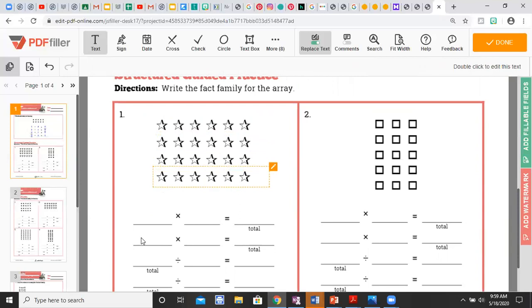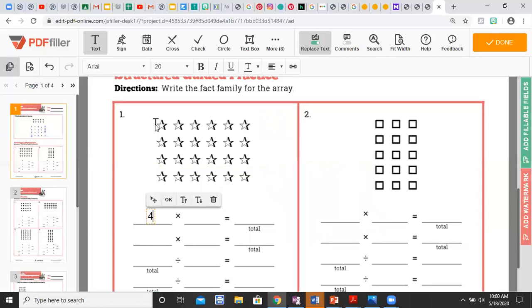So I can say that 4 rows times, let's count our columns, 1, 2, 3, 4, 5, 6, times 6 columns will give me 24. And 24 again is our total, okay?